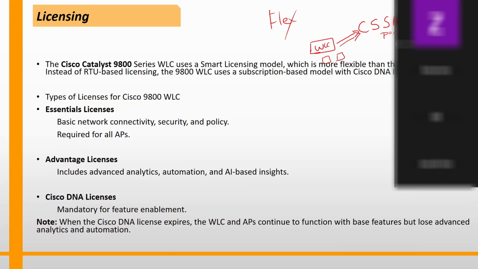So obviously the WLC has to send the usage through the internet, but it's not safe. You can use NATting and send it. Different kinds of smart licensing models are there, like the direct model, where the WLC is directly sending the usage to the cloud portal.